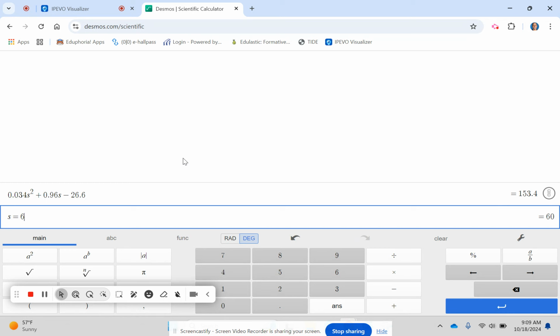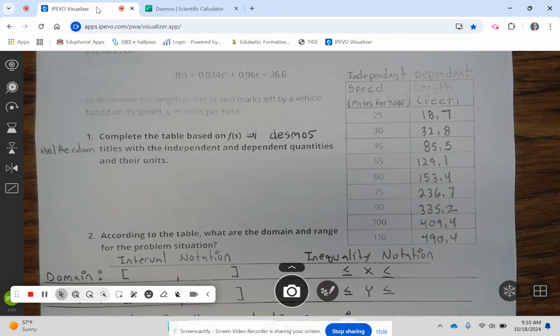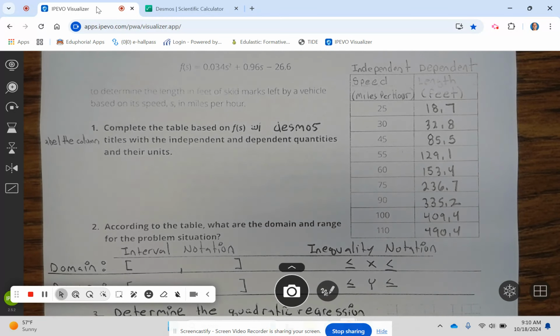And then I'm going to type in 75, and that's 236.7. Then I'm going to type in 90. That's 335.2. Then I'm going to type in 100. That's 409.4. And then I'm going to type in 110, which is 490.4. Okay, so go ahead and complete the table.